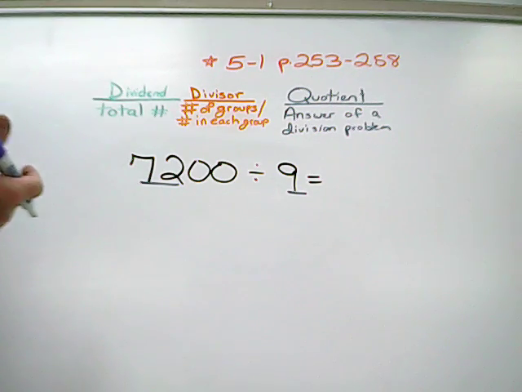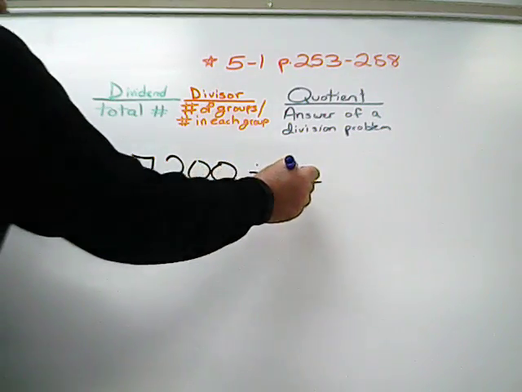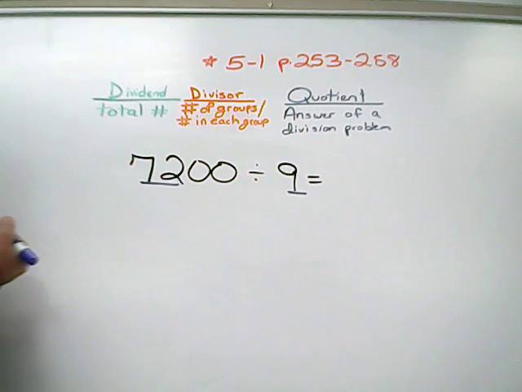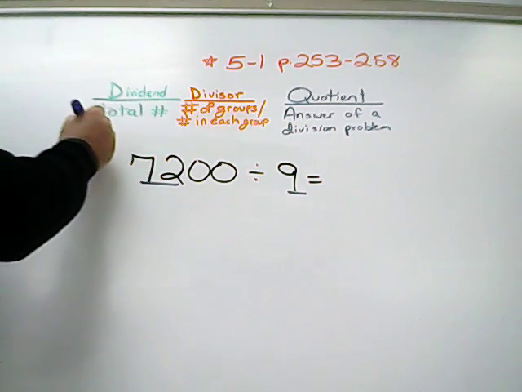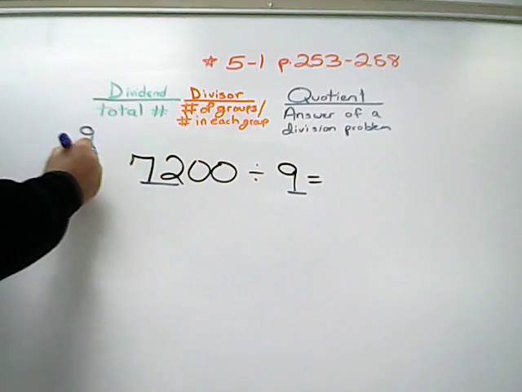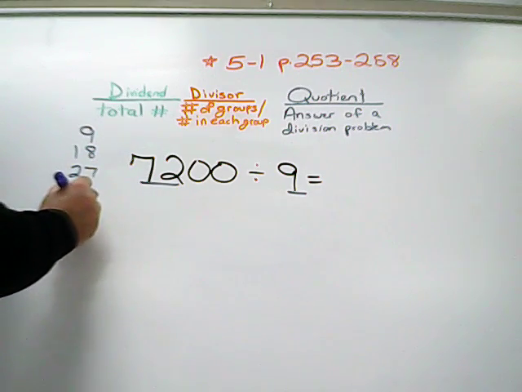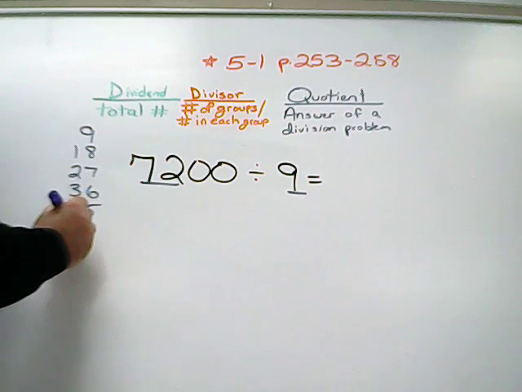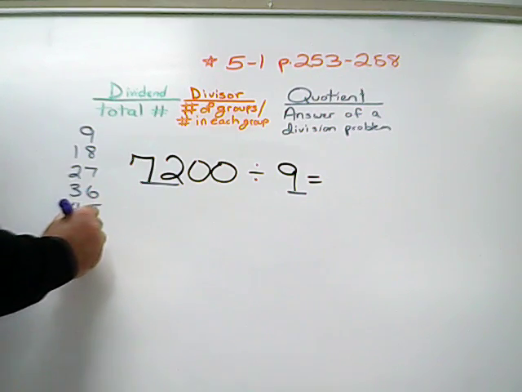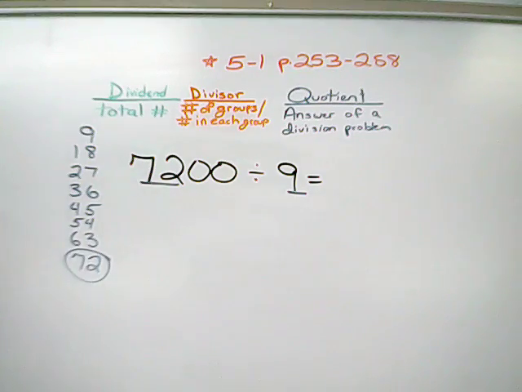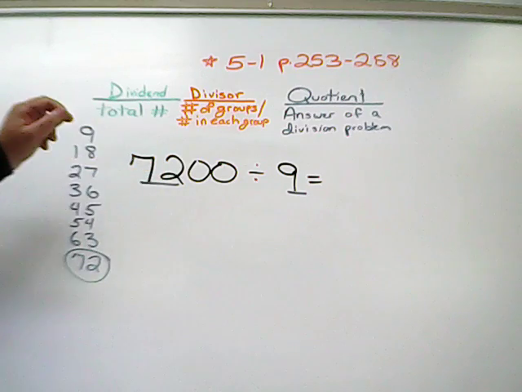If you don't, remember, we can skip count by our divisor. In this case, it's 9, till we hit the target number of 72. 9, 18, 27, 36, 45, 54, 63, and 72. I've now hit my target number. How many times did I skip count by 9s to hit my target number?